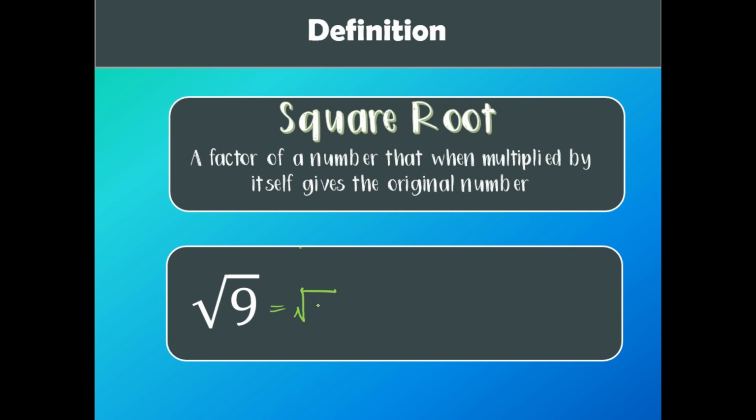So we have 3 times 3. Okay. So since 3 times 3 is 9, we can also write this into 3 squared. Alright? So the answer for this is 3. Okay. Since 3 is the number that multiplied by itself, it will give us the radicand 9.